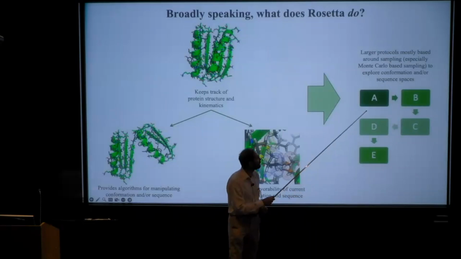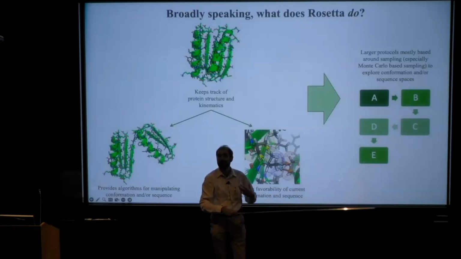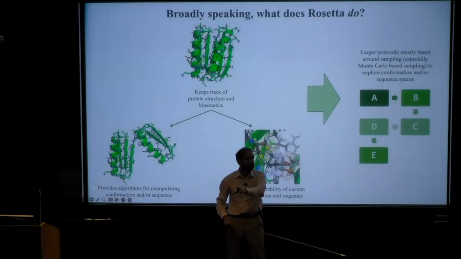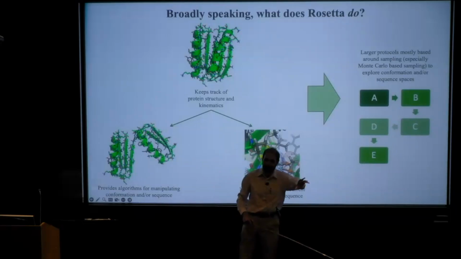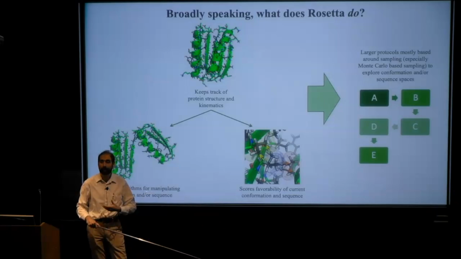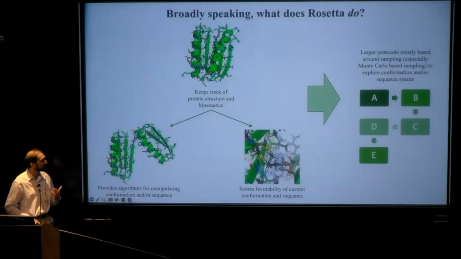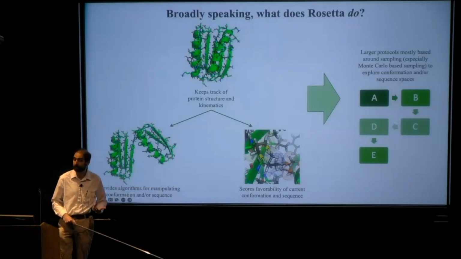One thing to note is a composite protocol will often be fairly heterogeneous. You'll do task A for a few seconds, and then task B for a few seconds, and then task C for a few seconds. So it's not like molecular dynamics simulations where you might run exactly the same type of task for days.